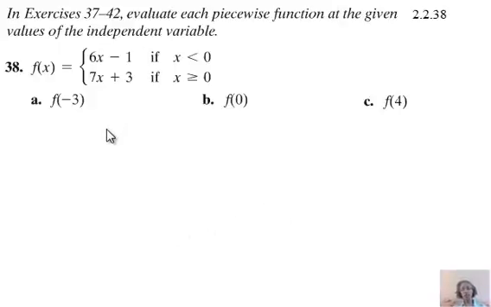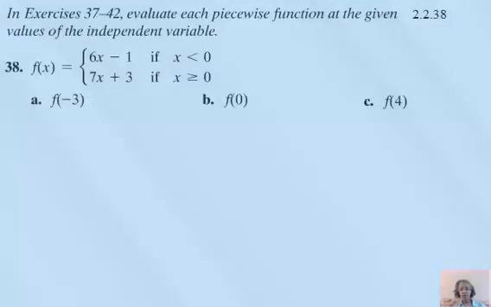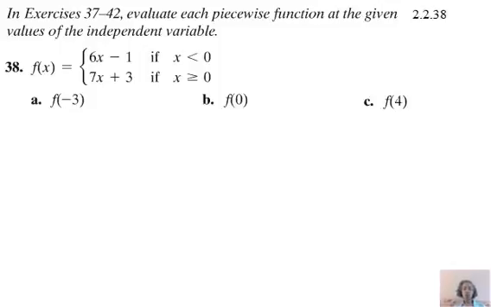Let's take a look at a few more problems from section 2.2. Here we see number 38 from section 2.2, where we're given a piecewise function. So this is a function which is defined using a variety of functions, and they're used to form a single function.